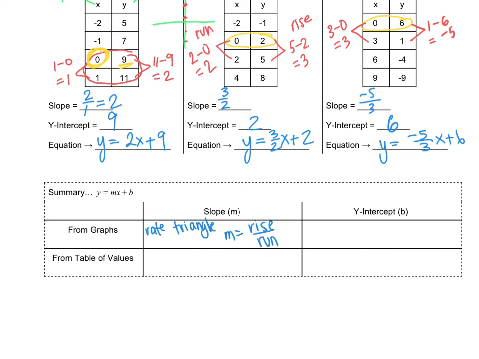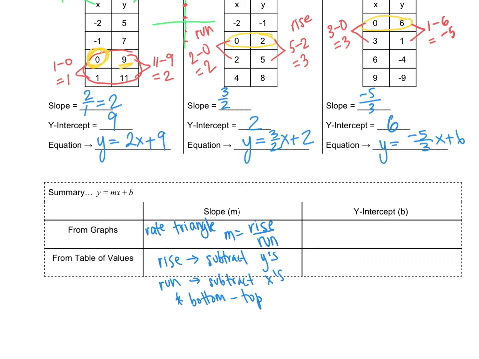Very visual from the graph. From the table of values, our rise is to subtract the y's. Our run is to subtract the x's. And again, that little note, the bottom value minus the top value.